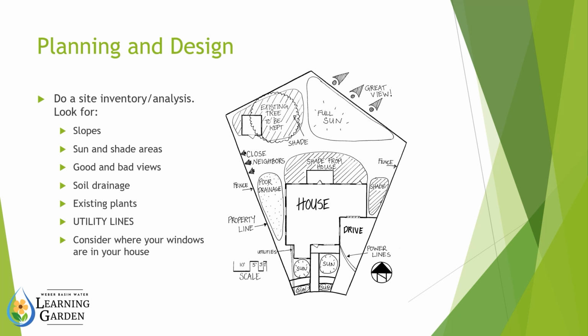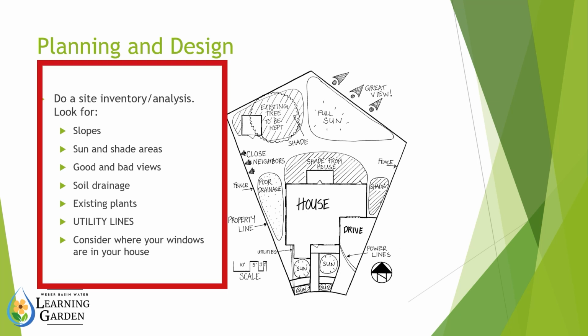Some good things to be aware of are slopes in your landscape, where the sun and shade areas are. If you have good views, we want to try to maximize those views. But if you also have things that are maybe a little unsightly, let's think about how we can screen those areas. Areas with soil drainage issues are concerning.